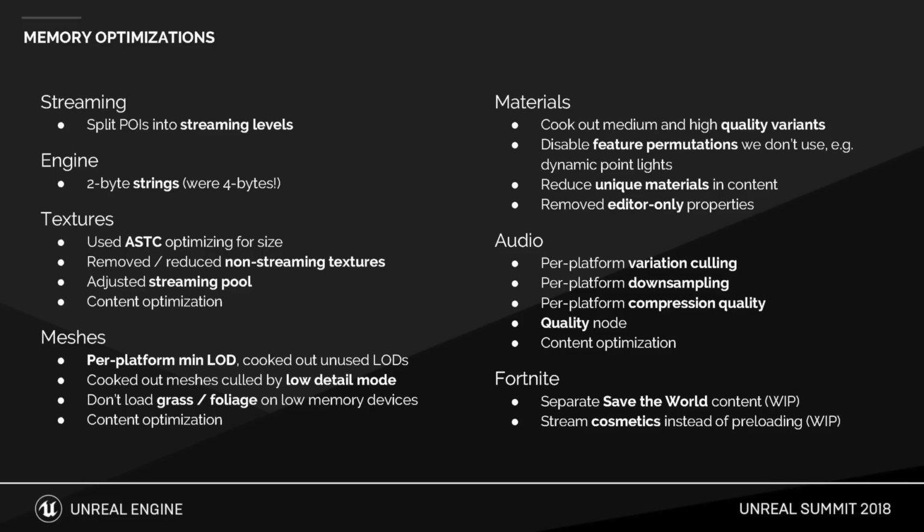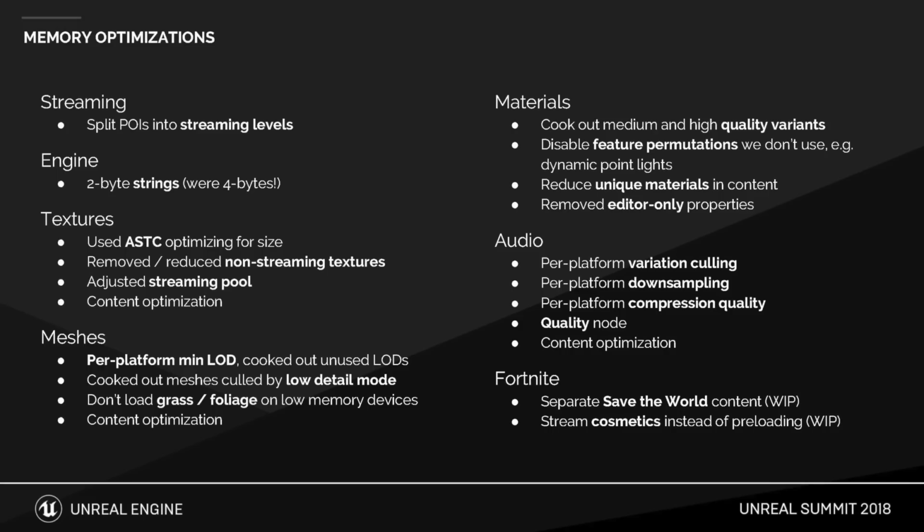Of course, there were content optimizations where we looked at textures that were allocated and decided, this is too much memory for a particular object. On the mesh side, static meshes and skeletal meshes, because we're sharing the assets with PC and consoles, we decided that we were going to get rid of the top level LOD and never use those LODs on mobile at all.